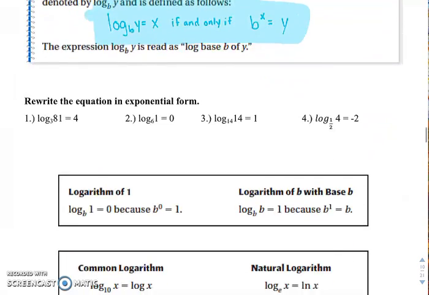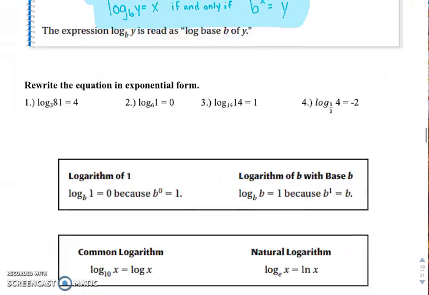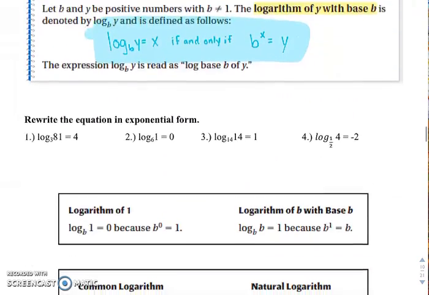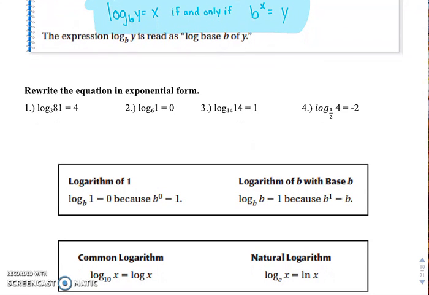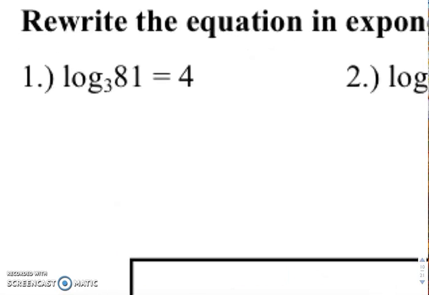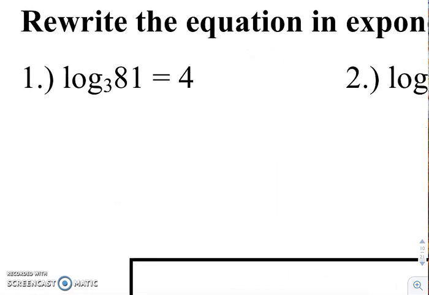So if we just sort of practice rewriting some of these for right now, it says rewrite the equation in exponential form. So we're going to go from log form, which is what it's in right now, because I can see the word log there, to exponential form. What happens is we bring the base of that log, this is a log base 3 of 81, bring it over, and it becomes the base for your exponent.